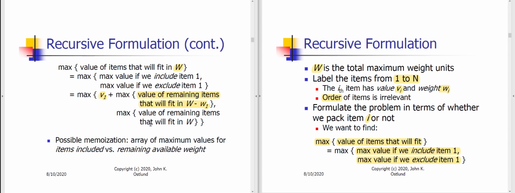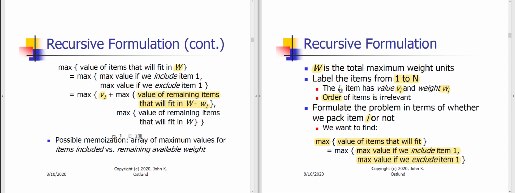But if that value is lower than this maximum, we should exclude item 1. So we do have a recursive formula that we can actually compute with, because we have assigned values to all of our items, we know the weights of all of our items, and we know the maximum amount of weight that we're able to carry in our knapsack.